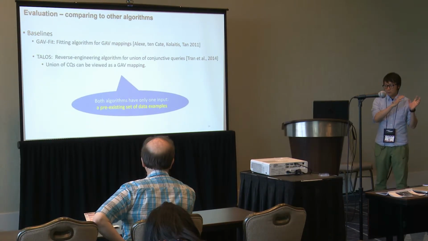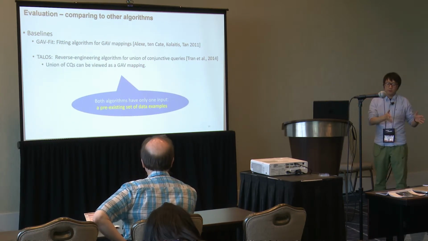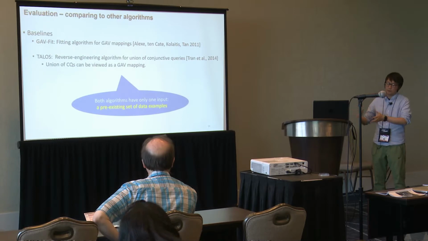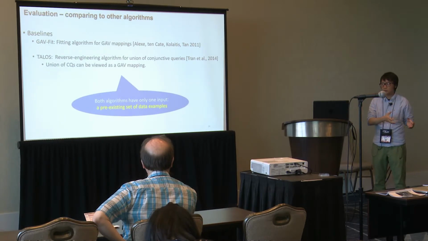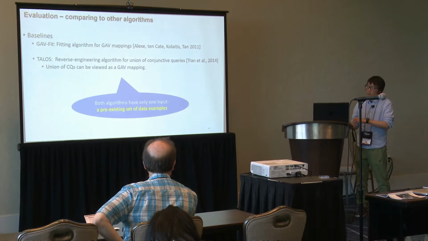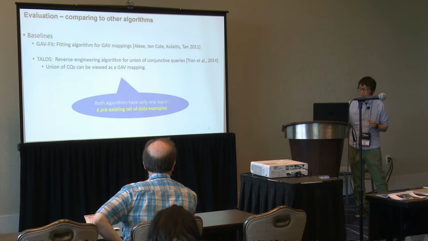Remark that a union of conjunctive queries can be viewed as a GAV mapping because in a GAV constraint, the left-hand side is a conjunctive query over the source instance, and the target instance is the result of the conjunctive query over the source instance. I also want to mention that both baselines here have only one input, that is the pre-existing set of universal examples.